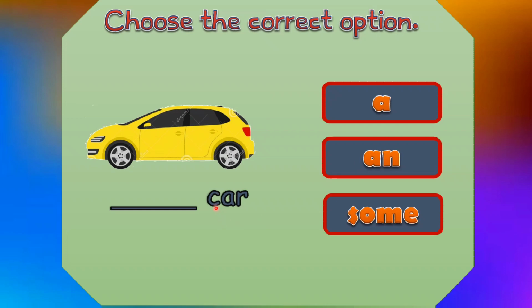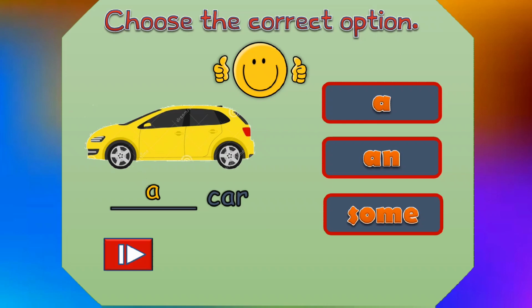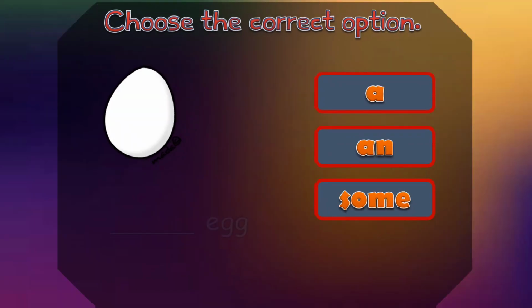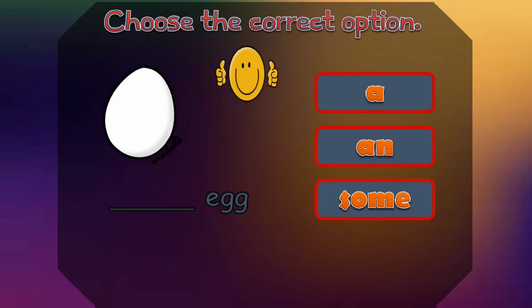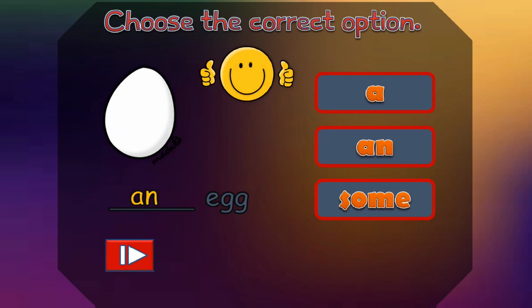Car starts with a consonant sound, so we will use a car. How about this one? How many eggs are there? Only one. Egg starts with a vowel sound, so we will use the article an egg.